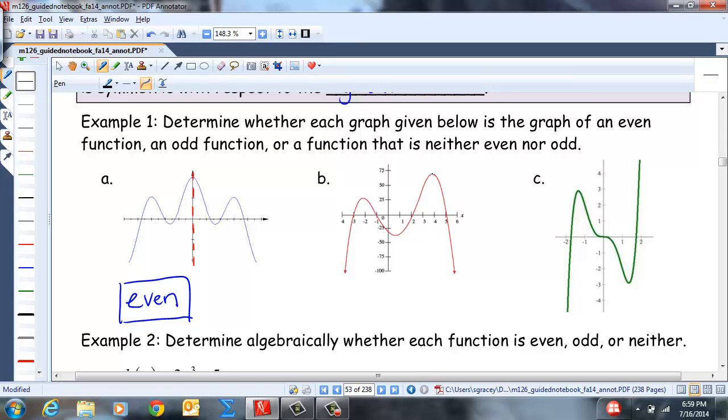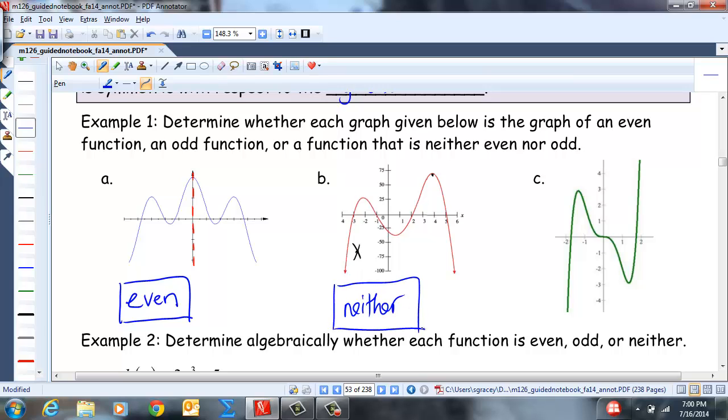Do you see you've got a point here, which is at approximately 3.9, 65, and at negative 3.9, negative 65, you don't have another ordered pair, right? You do not have an ordered pair here. So we're going to say neither.